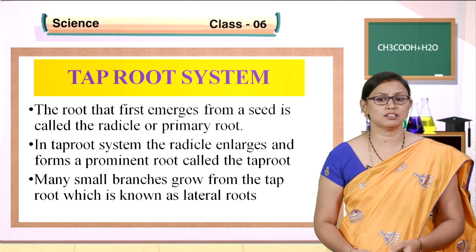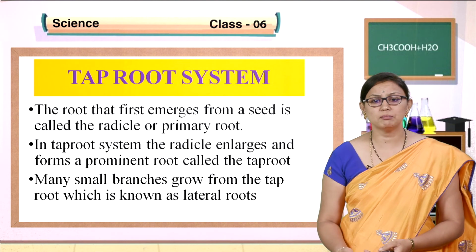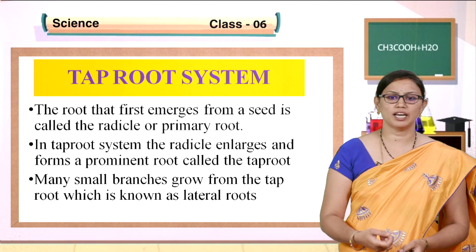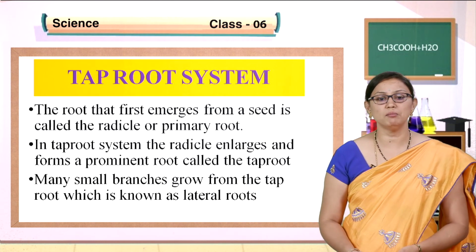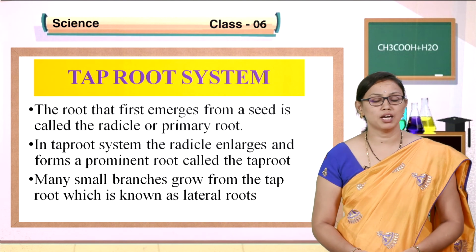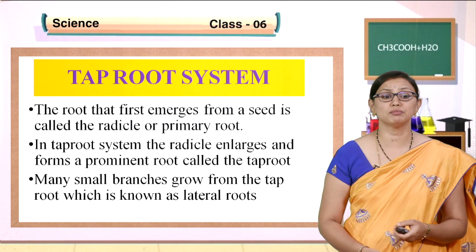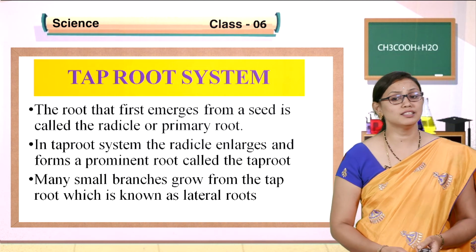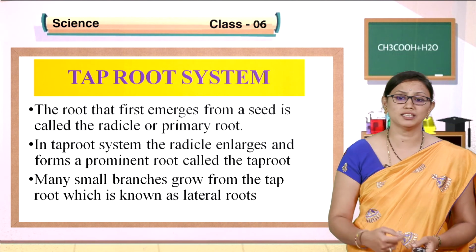After germination, if you sow those seeds, new plants will arise. The root which arises from the seeds we call a primary root. From the primary root, a prominent root is formed, which we call a taproot, and many small branches grow from the taproot, which are called lateral roots. So in the taproot we have a primary root and lateral roots.